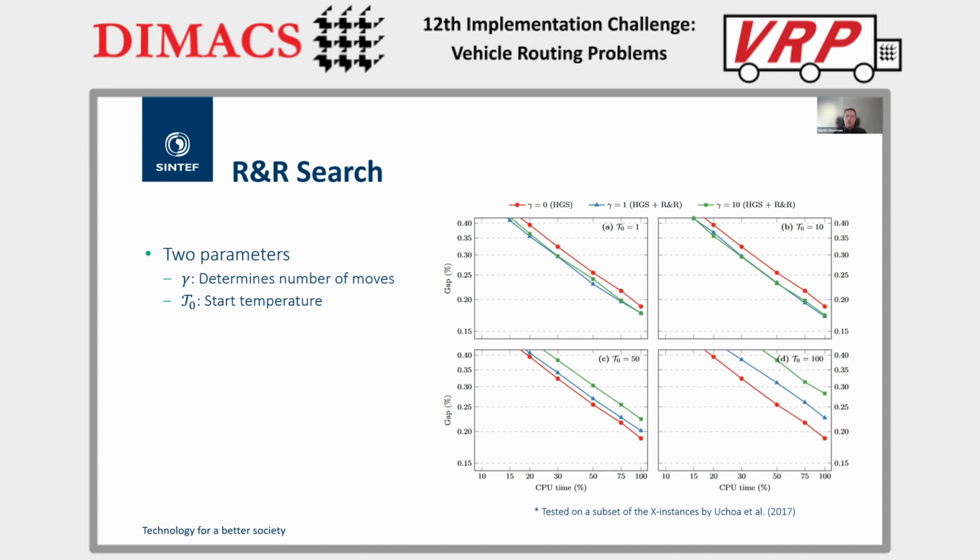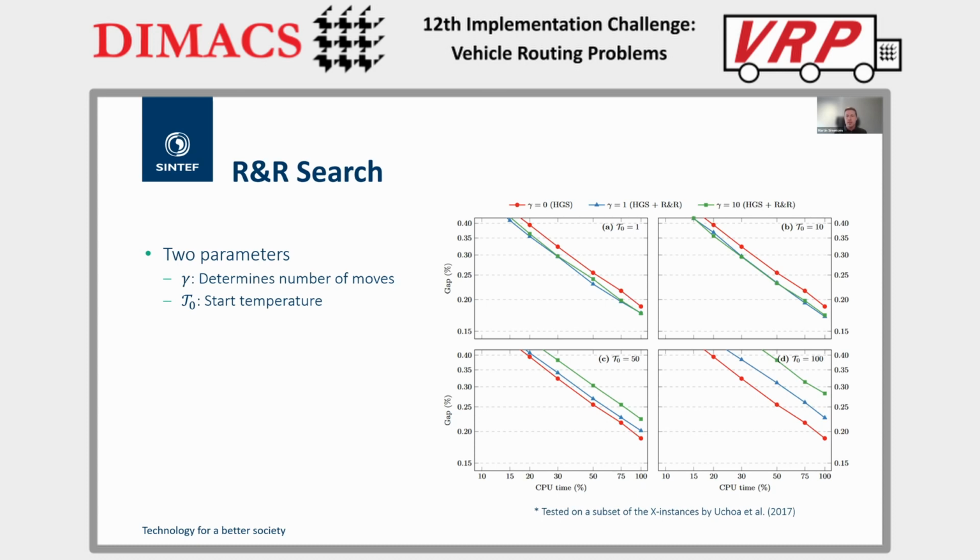If you look at the figures on the right, we are presenting some parameter combinations of gamma and T0 that we tested on a subset of the X instances. And from the top figures, you see that for a starting temperature of 1 and 10, that is relatively low, adding Ruin and Recreate improves the performance compared to the original HGS.